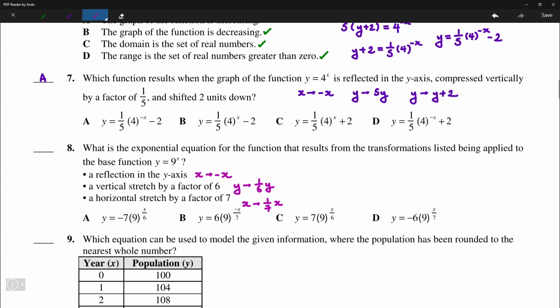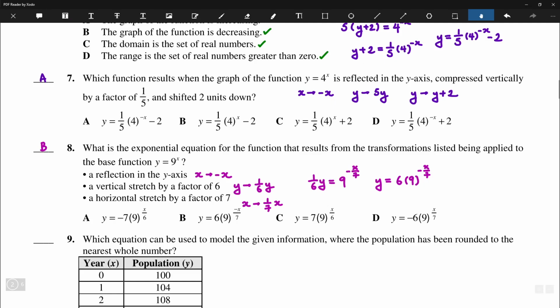So to combine all of those together, we'll have 1 over 6y is equal to 9 to the negative x over 7. Multiply both sides by 6, so y is going to be equal to 6, and then 9 to the power of negative x over 7. So the choice this time is B.